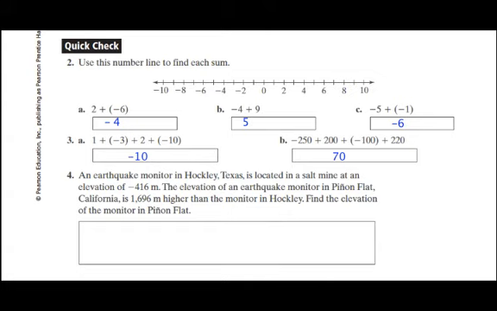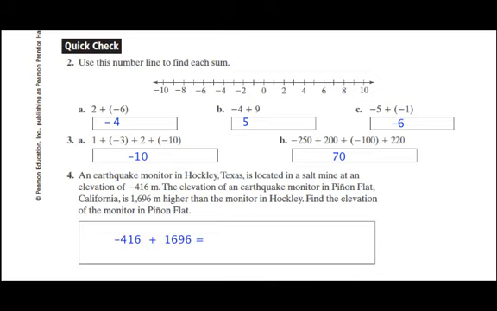Now let's take a look at the story problem. An earthquake monitor in Hokley, Texas is located in a salt mine at an elevation of negative 416. The elevation of an earthquake monitor in Pinyon Flat, California is 1,696 meters higher than the monitor in Hokley. Find the elevation of the monitor in Pinyon Flat. So we're going to take negative 416 plus 1,696.